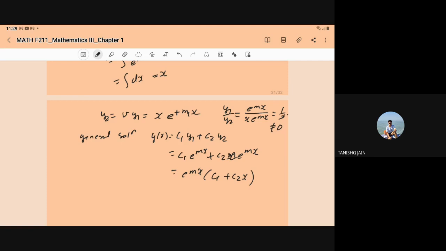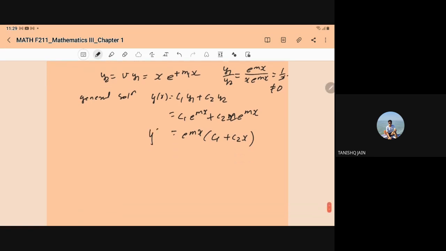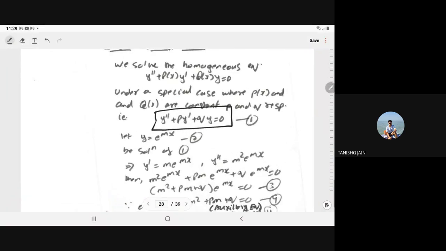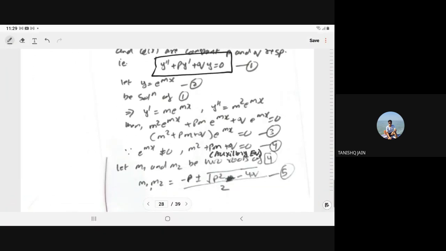Any confusion, any doubt, anything you want to ask, revisit? In the theory part, anything you want to ask? Clear? So all these things we have covered.